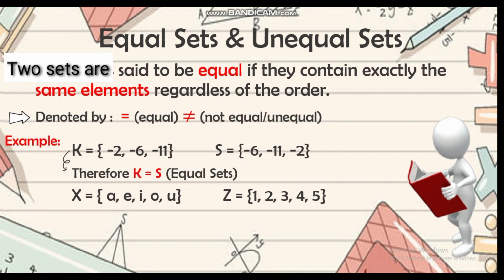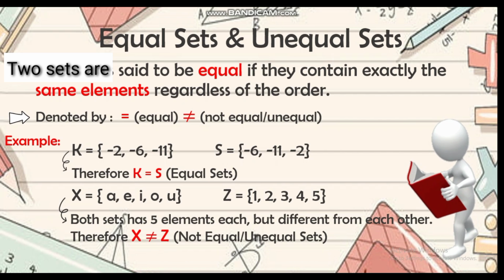So parehas sila 5, pero dili pareha ang elements. Both sets have 5 elements each, but different from each other. Therefore, X is not equal to Z, or set X is not equal to set Z. So not equal sila, or the so-called unequal sets.